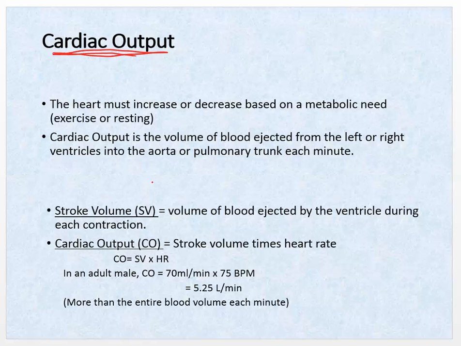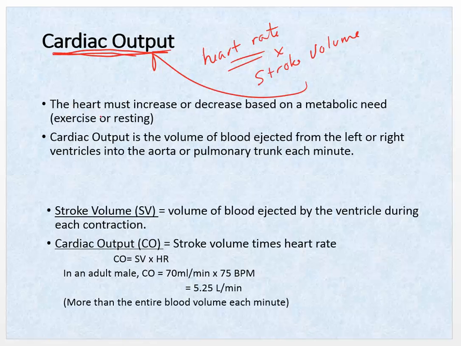It takes your heart rate, how many times it's beating per minute. And then, with every beat, how much blood is coming out. We call that stroke volume. All you have to do is multiply these together and you get cardiac output.